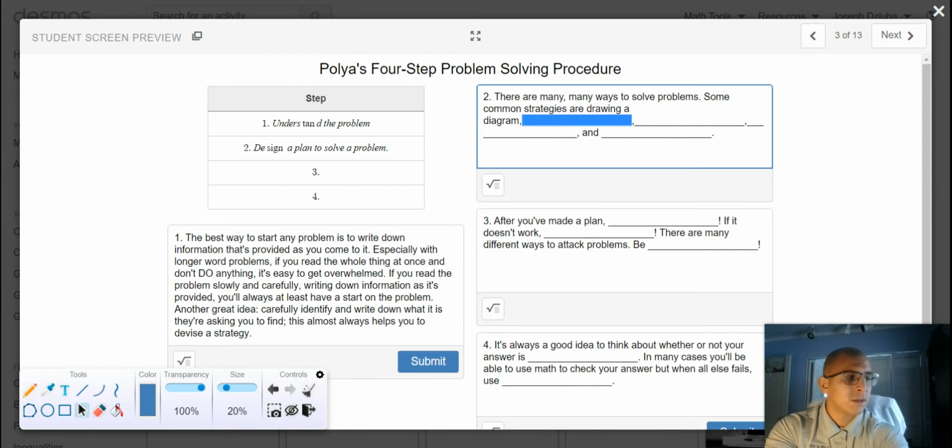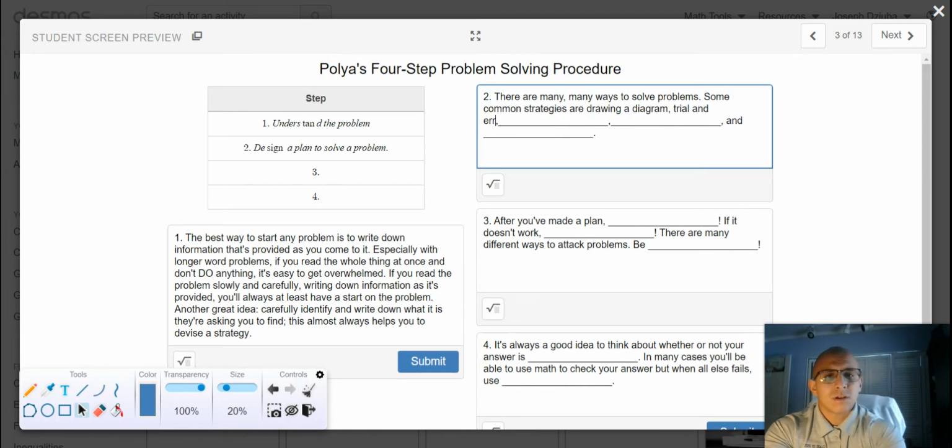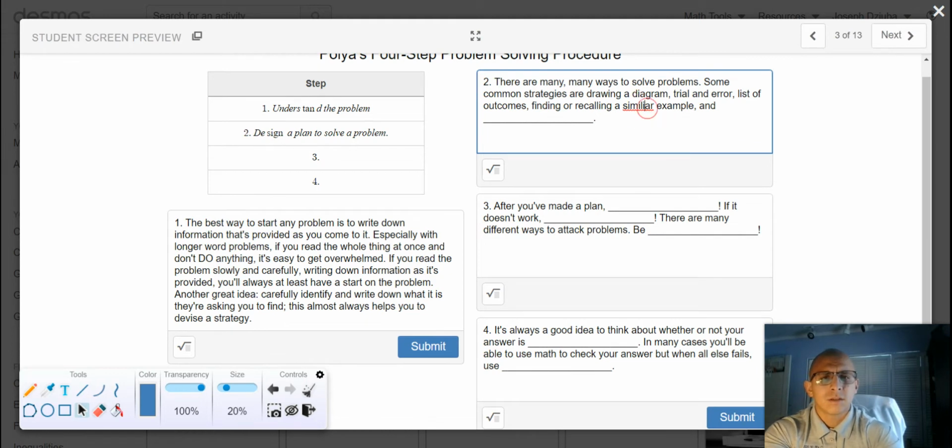Trial and error, creating a list of outcomes, finding or recalling a similar example.